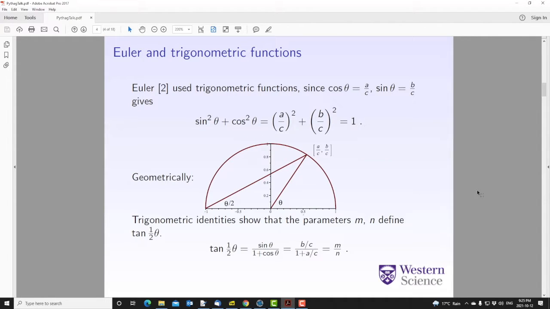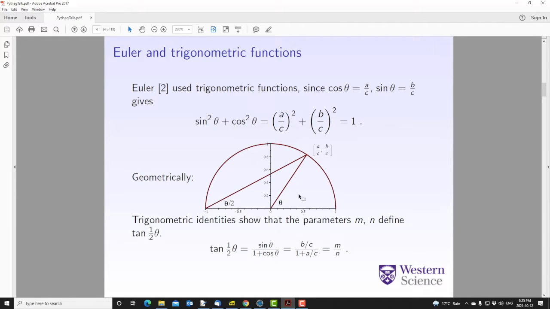Moving on from the 13th century to the 18th century, we come to Euler. Euler liked to use trigonometric functions rather than polynomials in his investigation of Pythagorean triples and similar quantities. A particular interpretation of that is that since sine squared plus cos squared equals 1, if we take a Pythagorean triple and divide by c, we clearly see a connection between sine squared theta and a over c squared.